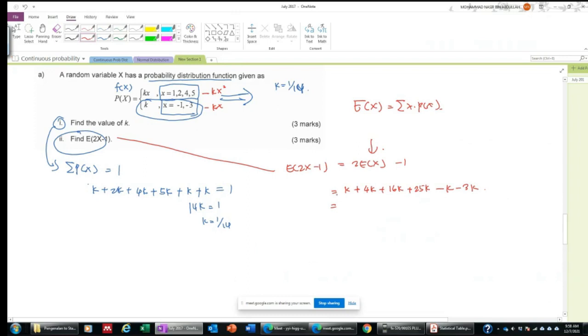So 1 plus 4 plus 16 plus 25 minus 4 is going to be 42k. So this is expected of x, equal to 42 over 14, which should be equal to 3, right? Then expected of 2x minus 1 should be equal to 2 multiplied by 3 minus 1, which is equal to 5.